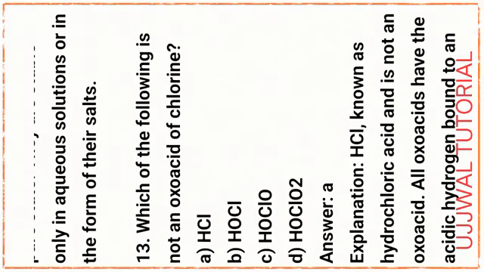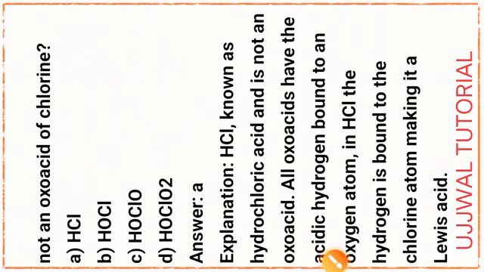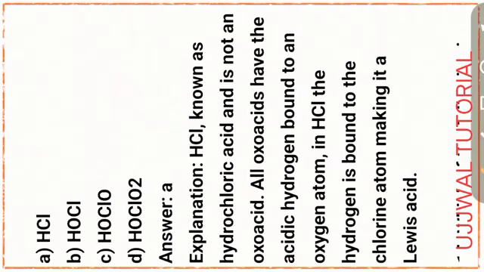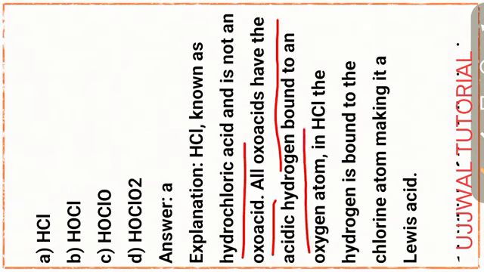Okay, due to explain for this part, HCl, known as hydrochloric acid, is not an oxo acid. All oxo acids have an acidic hydrogen bound to an oxygen atom. In HCl, the hydrogen is bound to the chlorine atom, making it a Lewis acid.